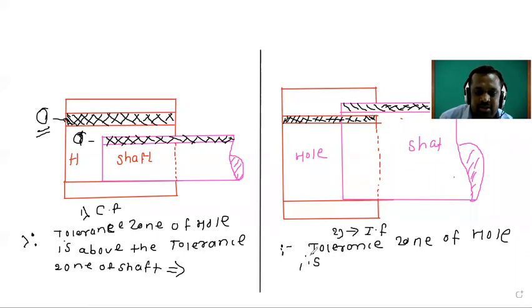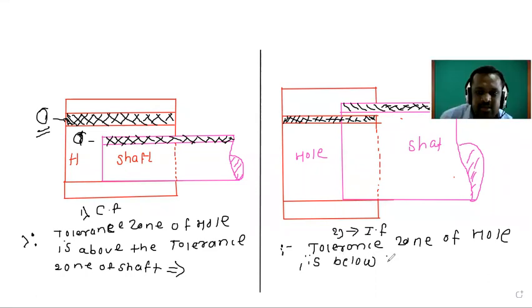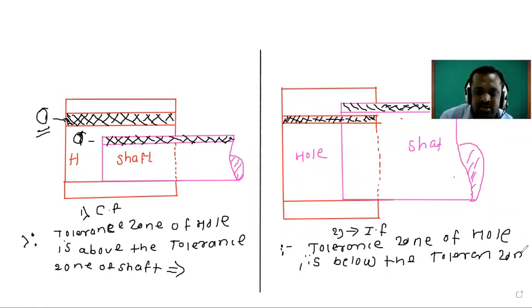Then how can we prepare the definition? The tolerance zone of the hole is below the tolerance zone of the shaft. It is called as the interference fit.